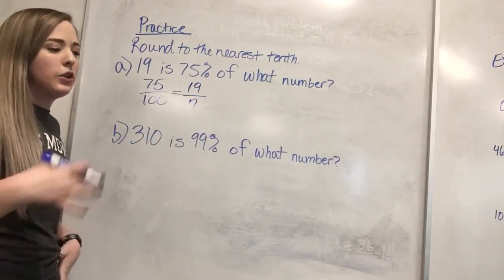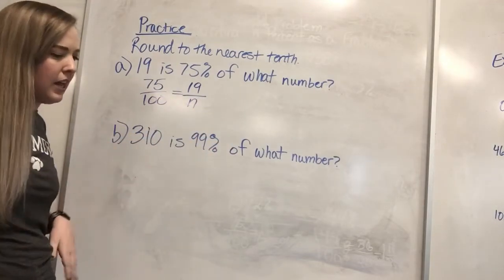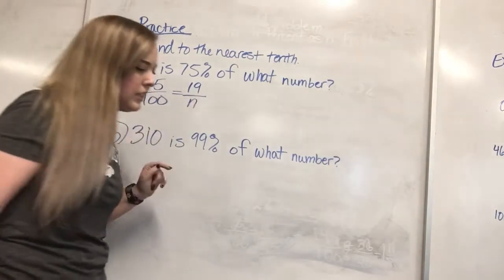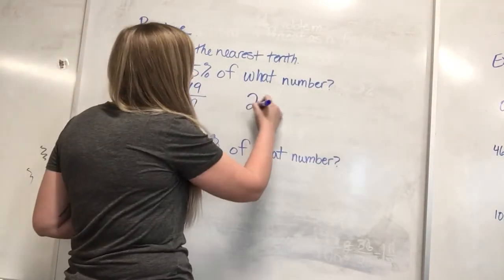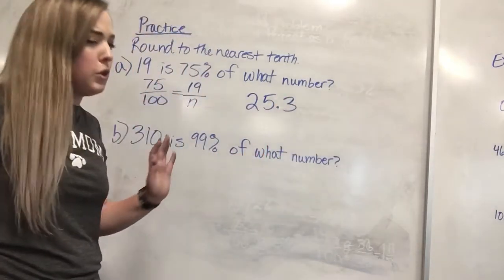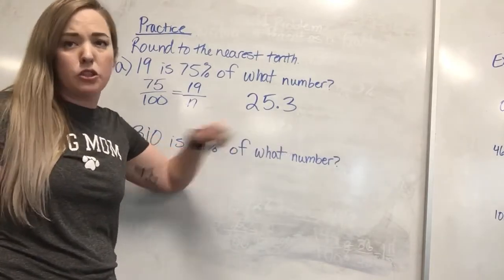So like I've been doing, I'm not going to do out the math, because you should have already done it. So when you multiply it out, you should come out with 25.3, okay? You did have to round. It came out to be 25.3 repeating, but when you round, it just comes out with 3.